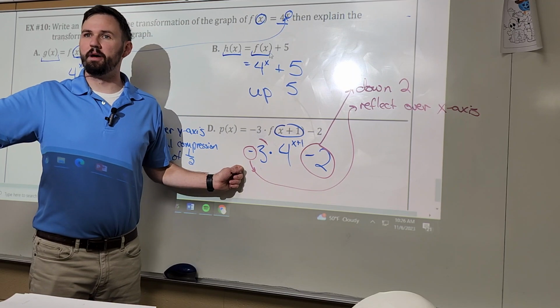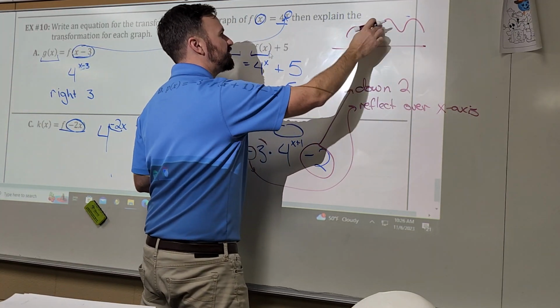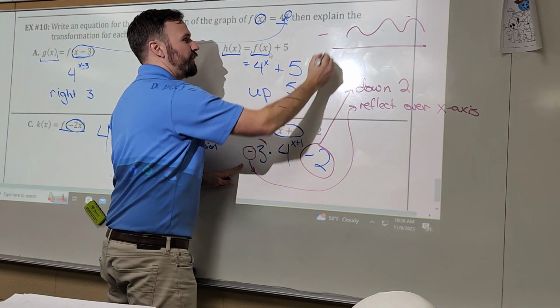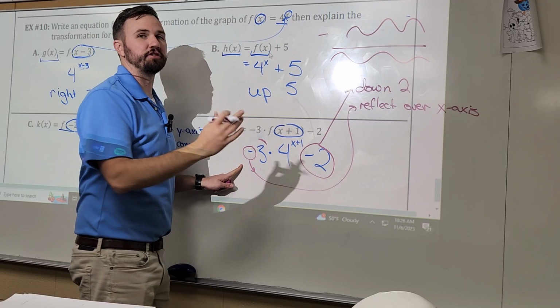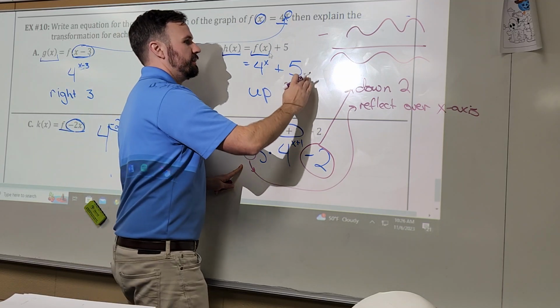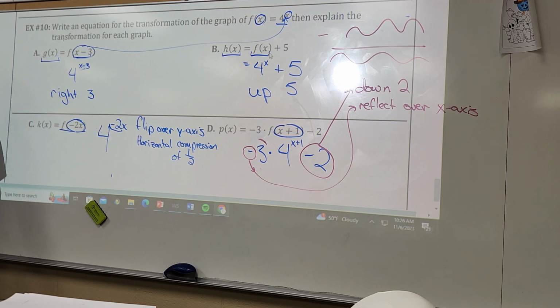This is the best way to remember it. If my graph is this, and I change all my values to a negative in front, where does it go? Underneath, right? So it reflects over your x-axis when the negative's in front of the function, not of the x. Because if I plugged in 2, I'm now plugging in negative 2, so I'm flipping which side the x is on.